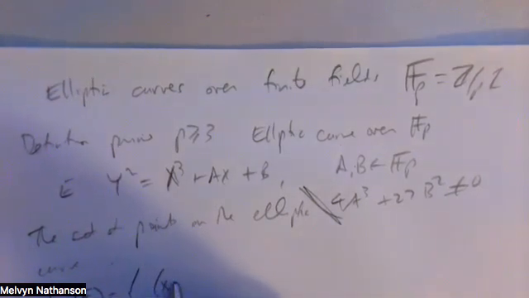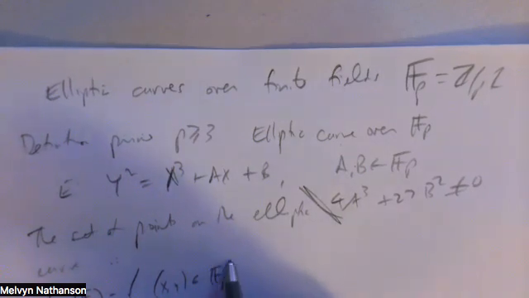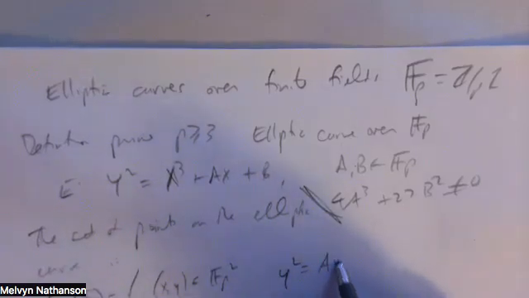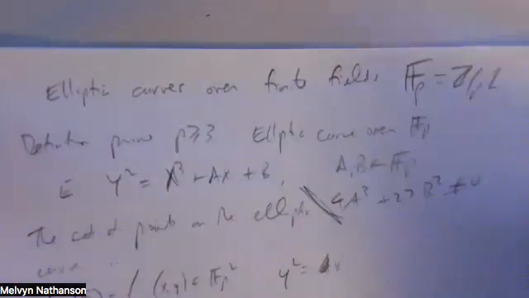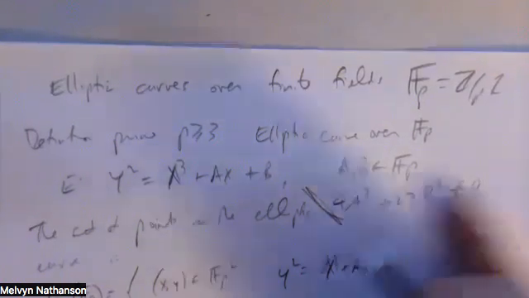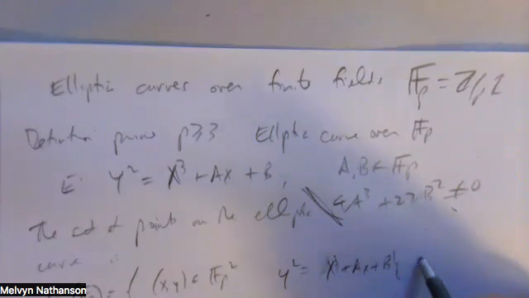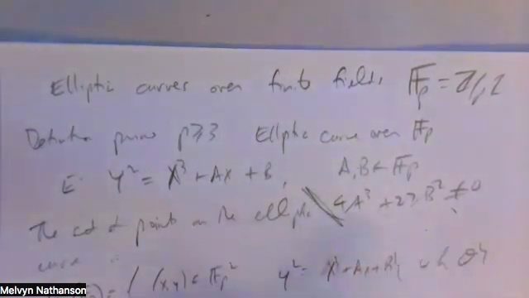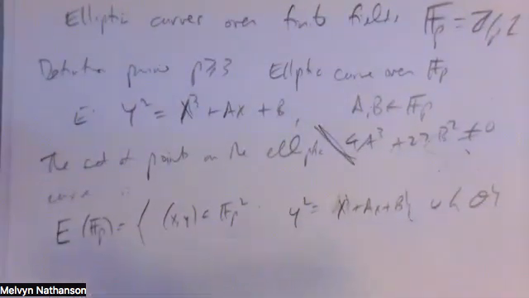This is the set of all points x, y in Fp squared, that is ordered pairs of elements of Fp, such that y squared is x cubed plus ax plus b, and the point at infinity. You still have a point at infinity in the finite field case.